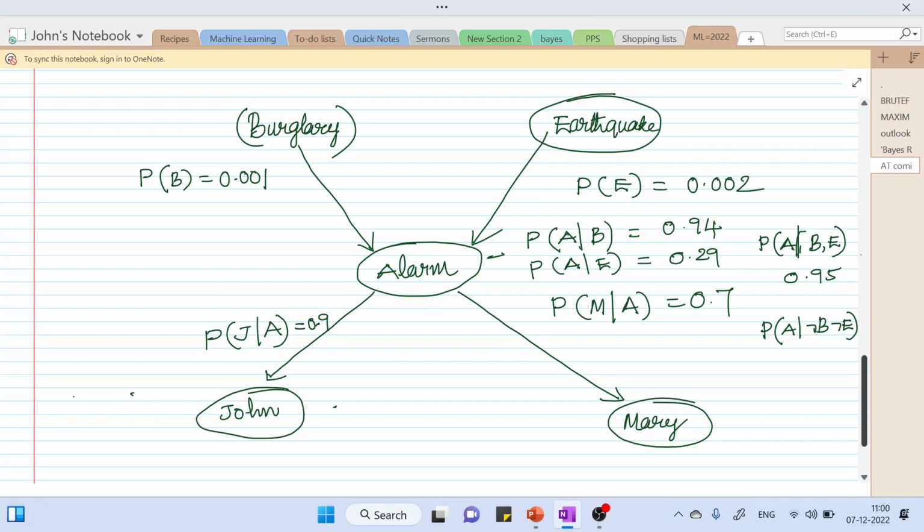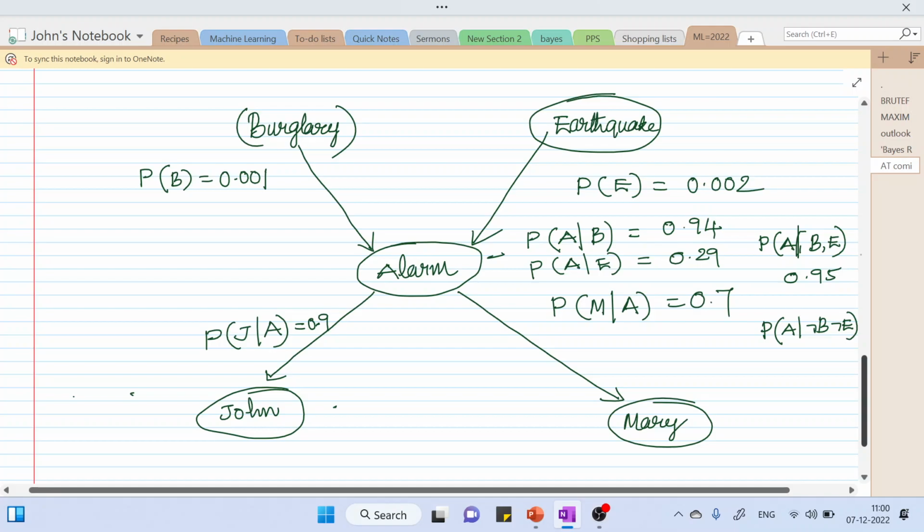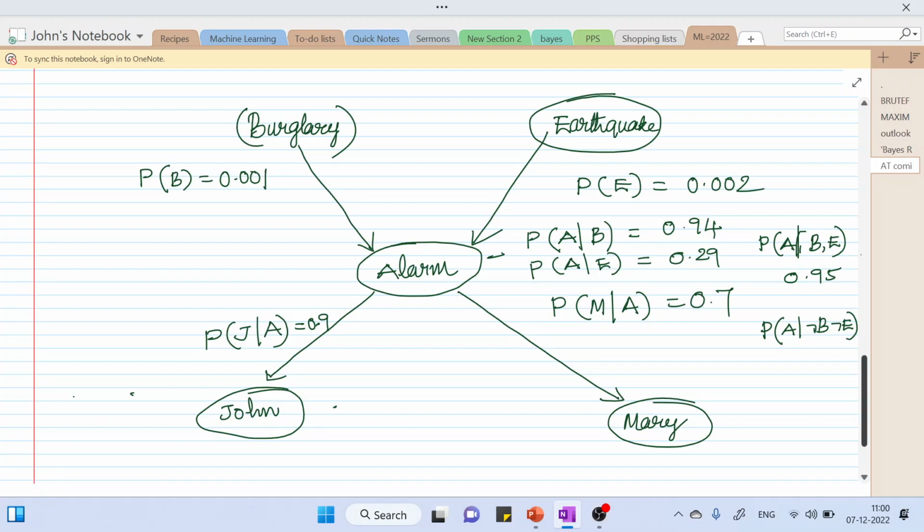We cannot tell because no instrument in the world is perfect. So sometimes no burglary, no earthquake, but the alarm goes off. That probability is 0.001. Of course, that probability will be very, very less. This is the given data.